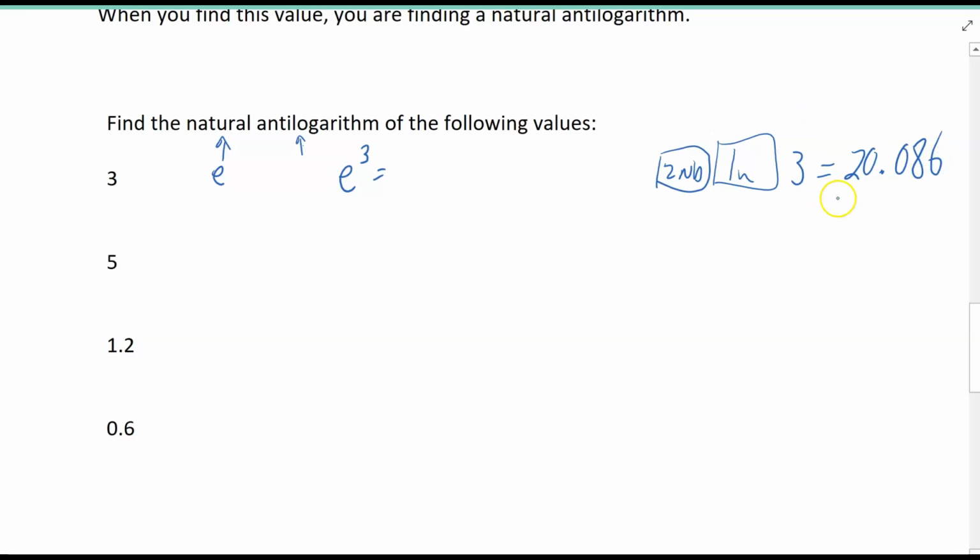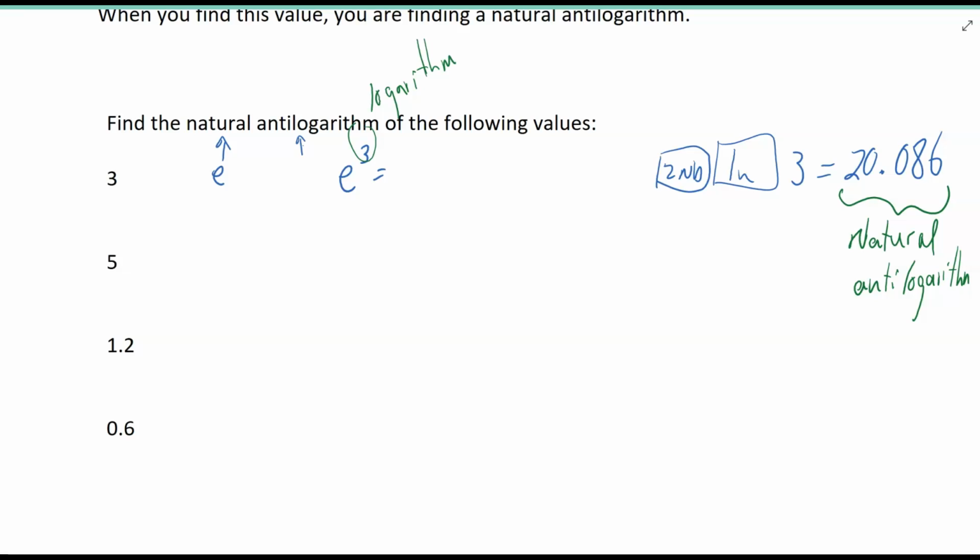This value is called the natural anti-logarithm. The 3 is the logarithm. It's an exponent. The value when you use it is called the anti-logarithm.